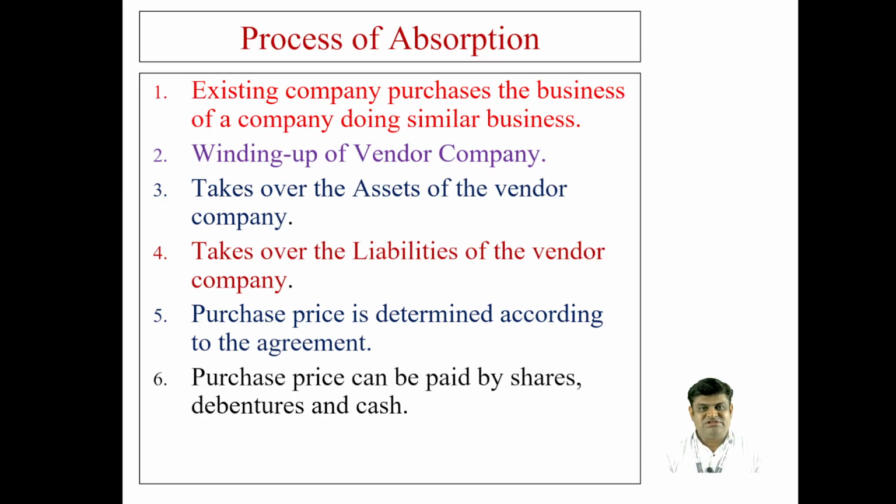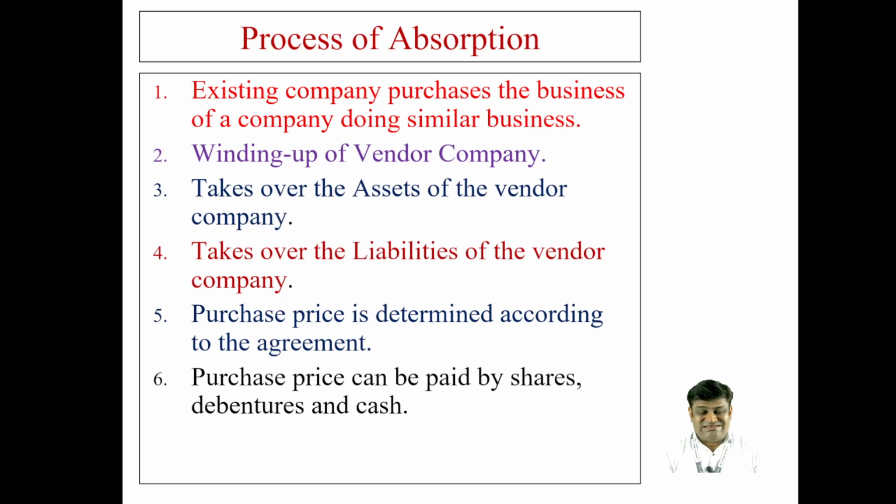Just for recap purpose, you can go through this slide. These are 5 to 6 steps under which the process of absorption takes place. An existing company purchases the business of another existing company to reduce the competition or with other motives, say for example large scale economies. Then the company which is selling the business, its corporate life comes to an end, that is the vendor company is wound up.